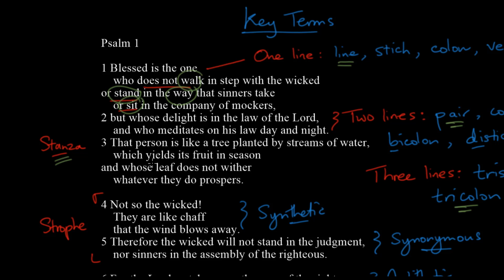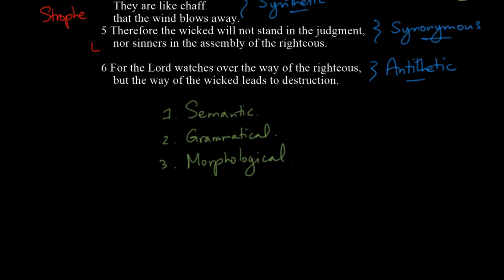So we can see that their meaning is parallel. And that's really the type of parallelism that we're going to focus on the most in our study because it's the easiest one to recognize and it translates across languages. You don't have to know the original Hebrew to be able to spot, in most cases, semantic parallelism.